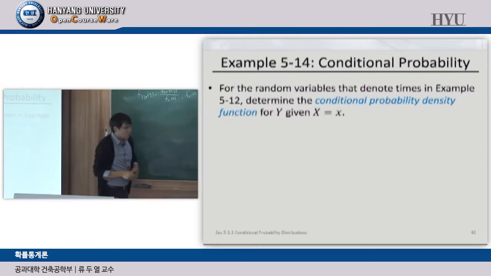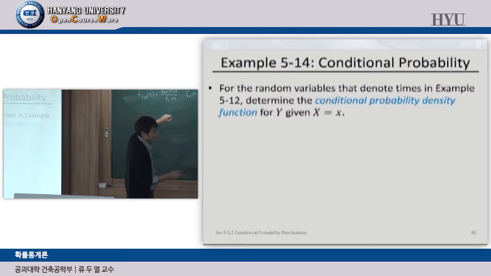Right? So, to calculate the conditional probability density function, we first calculate the marginal probability density function of x, right? Because in the previous example 5-12, the joint probability density function was given. So, we have to calculate the marginal probability density function of x to calculate the conditional probability density function, okay?